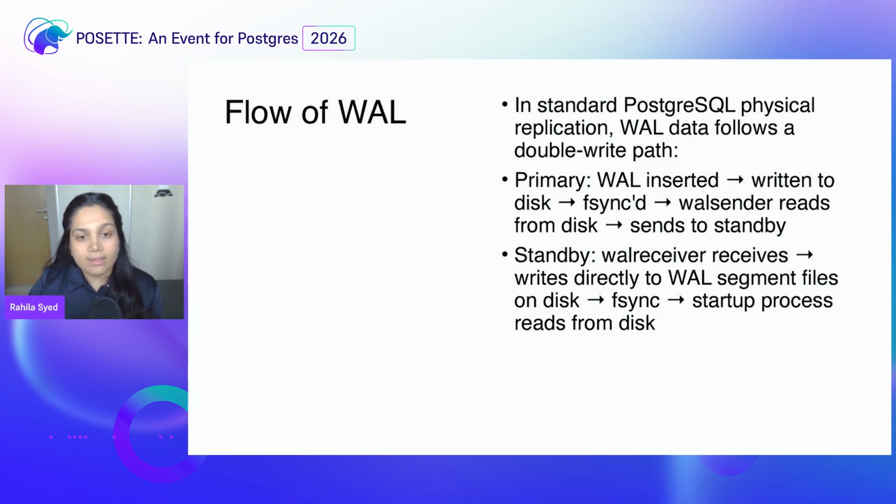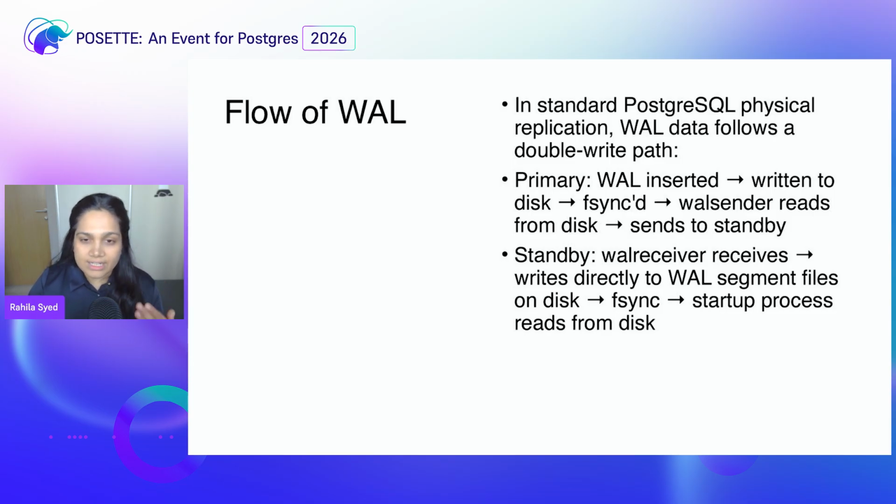At standby, there is a WAL receiver process which directly writes these WAL records that are coming in from primary to WAL files. It does not have any buffering there. After writing to WAL files, these WAL files are then flushed to disk.